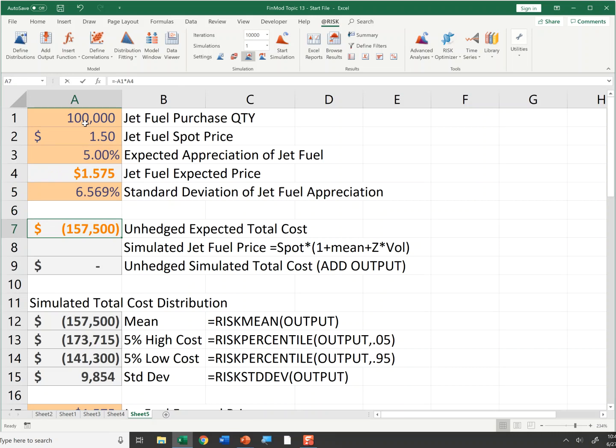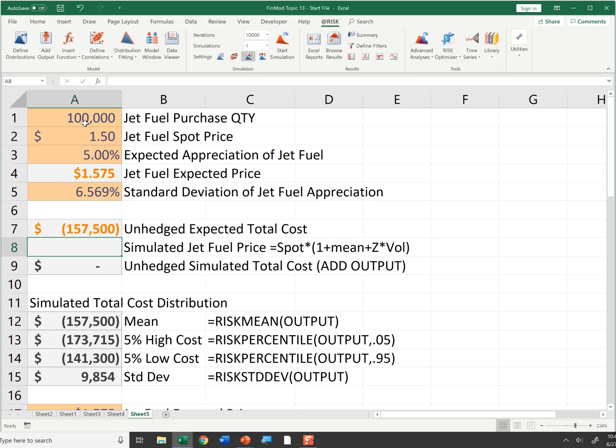So if I simply take my 100,000 gallons times $1.575, I get the expected cost of $157,500. But I want to figure out what could happen based on the volatility of jet fuel.